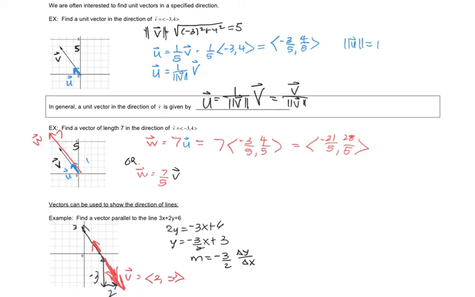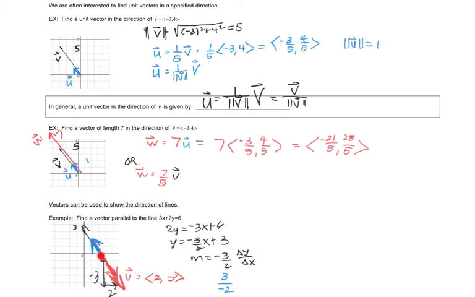Also, let me draw this one in another color. I can also think of a slope of negative 3/2 as being a slope of 3 over negative 2. So we could think of it as up 3 to the left 2.